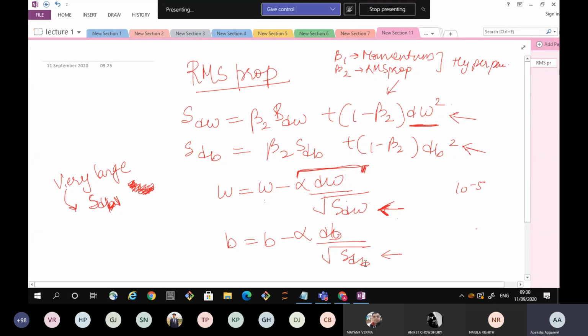To avoid that, so that our weights update at every point at a reasonable speed, and not with a value like 10 to the power minus 5, which is almost the same as no update, we do root mean square propagation.